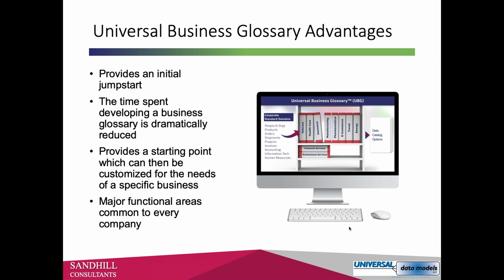So we have this concept of a universal business glossary, and what a universal business glossary is, it's a library of thousands of predefined business terms organized within industry-specific knowledge areas. And you can use this with any business glossary management software.